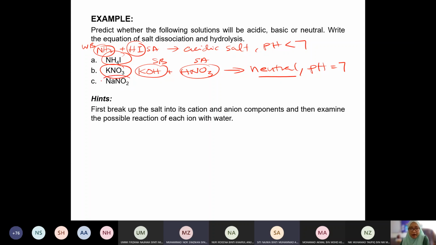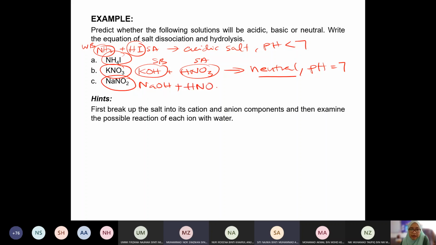How about NaNO2, guys? Is it acidic, basic, or neutral? Basic. Okay, all right, so it is basic. We can predict that this salt is produced from NaOH. Seeing Na, most likely it will be NaOH, plus NO2.